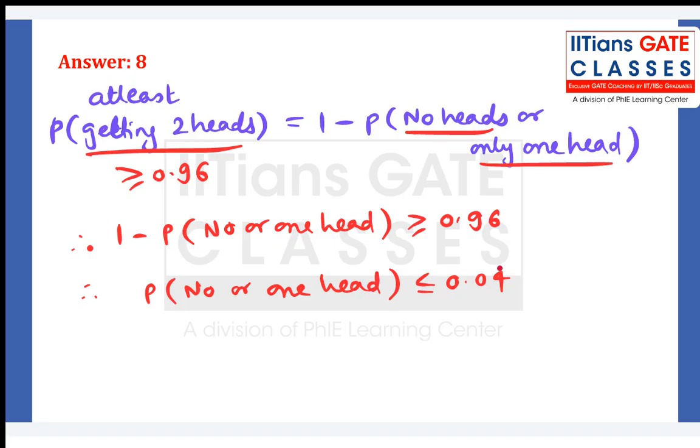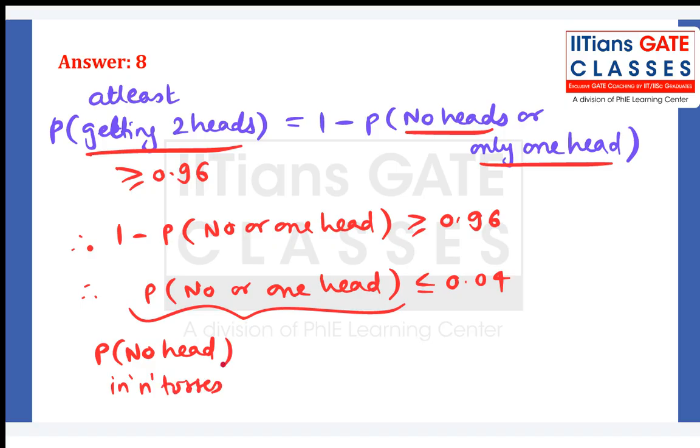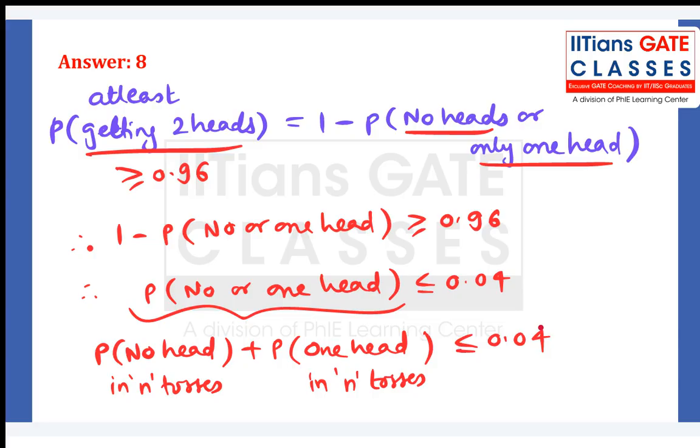Okay. So now this becomes a simpler problem, because I can write this as probability of getting no head in n tosses plus probability of getting one head in n tosses. And that summation should be less than 0.04. Okay.